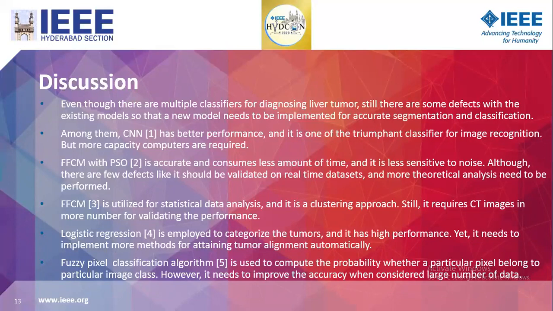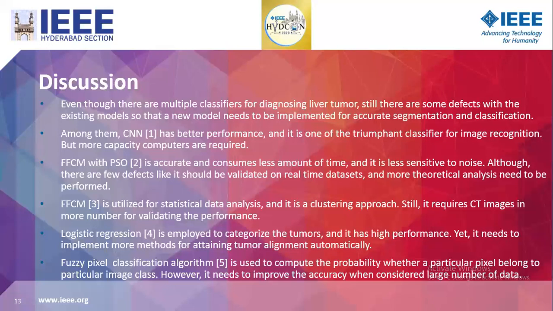FFCM and APS2 also give accurate results, but when we apply these algorithms on real-time data, they do not give perfect results. FFCM also gives accurate results, but for real-time data, it is not accurate.